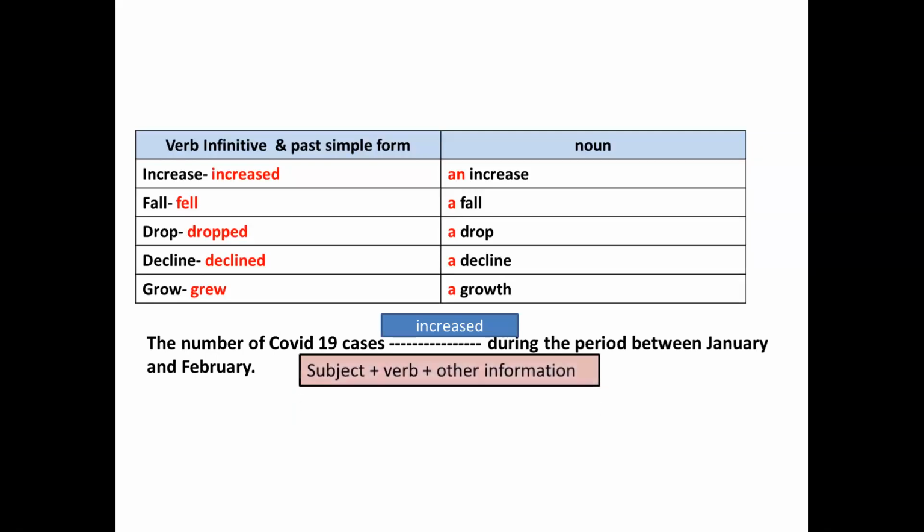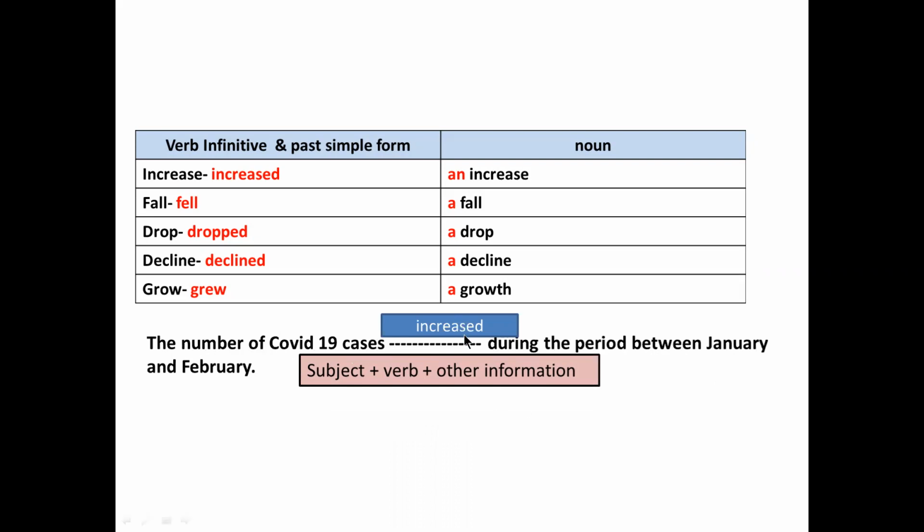What type of sentence is it? It starts with the subject. What's the subject? The number of COVID-19 cases. This is the subject. So I filled in the verb that matches the tense form of the sentence. I looked at the time expression and then I understood that it's in the past tense. Most charts and graphs are in the past tense.